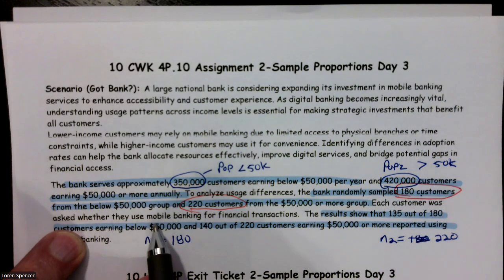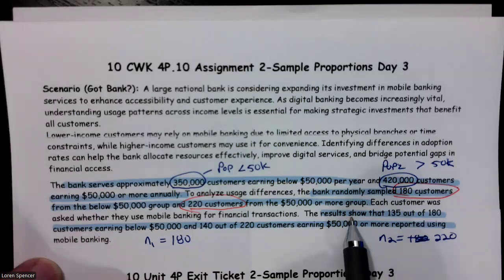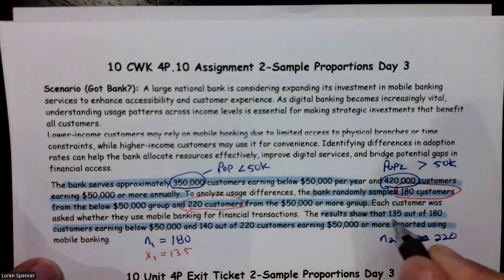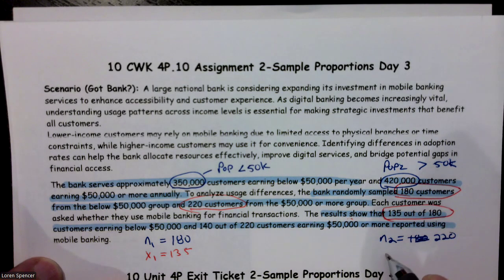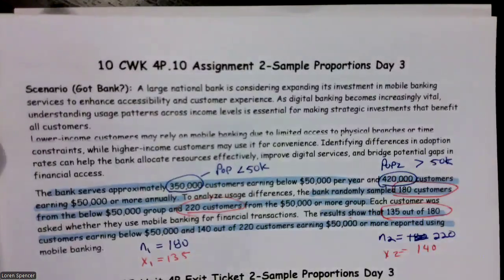Each customer was asked whether they use mobile banking for financial transactions. The results showed that x1 is 135 customers earning below 50,000 and x2 equals 140 customers earning above. So that was our scenario.